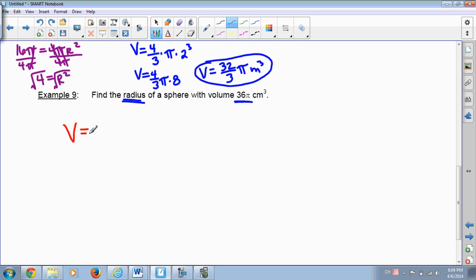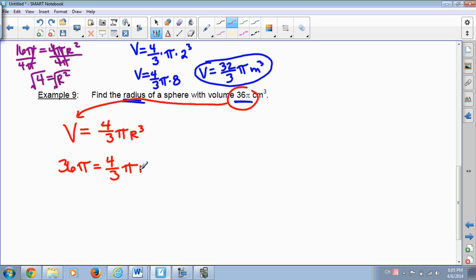So our formula for volume is 4/3 pi radius cubed. And we have the volume, so we're going to go ahead and plug that in for our V. 36 pi is equal to 4/3 pi radius cubed. So the first thing I'm going to do is change the fact that it's a fraction.